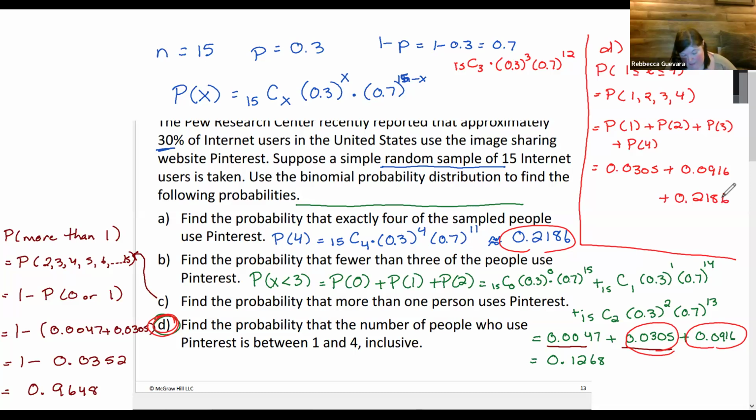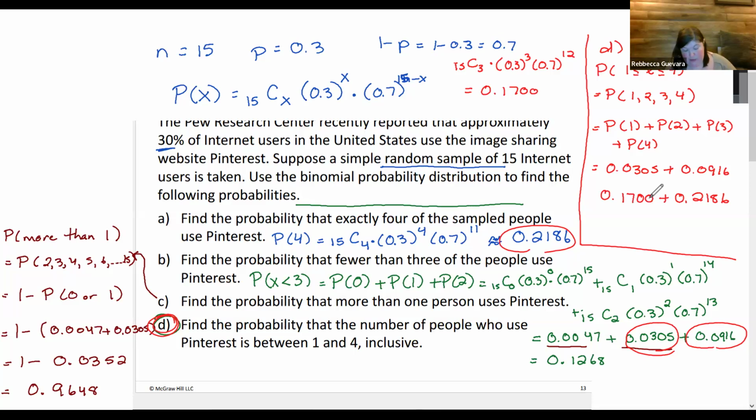So we just need that 3. So I need the combination of 15 choose 3, times 0.3 to the power of 3, and then 0.7 to the power of 12.